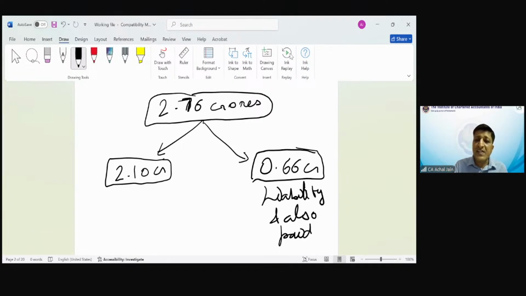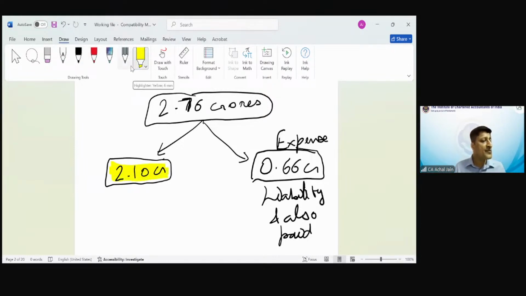Because 0.66 will get recorded as an expense, which has also been paid. Correct? So the only matter for our discussion will be what? 2.10, over which the company went into a litigation.